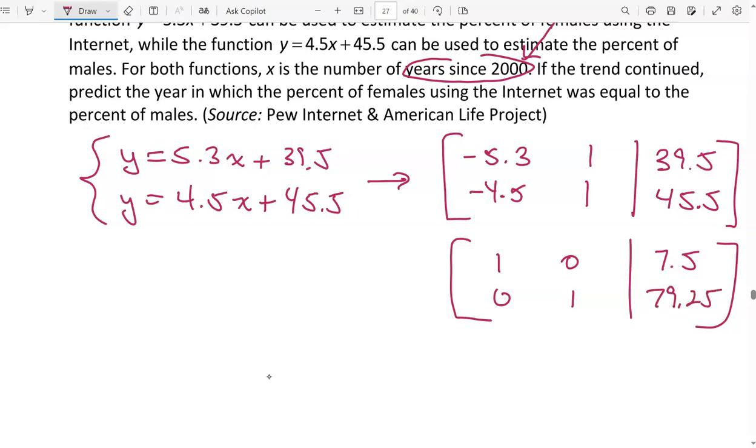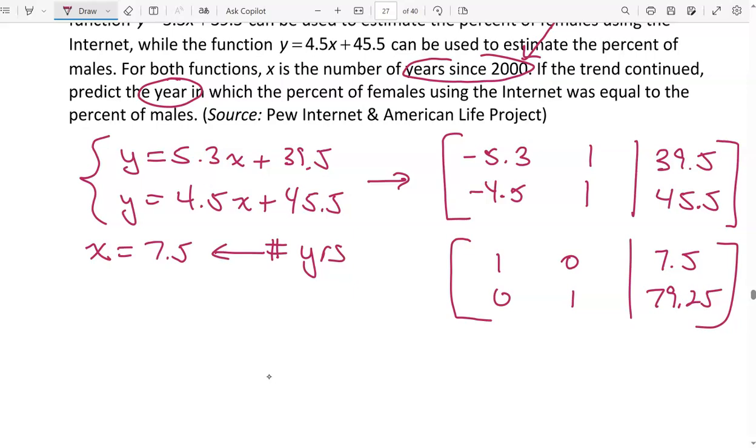And so 7.5 is the value of x, which is the number of years. And that's actually the important part of answering the question, because they asked us to predict the year in which the percent of females using the internet was equal to the percent of males. Well, if we remember that x is the number of years since the beginning of the year 2000, let's state it that way.